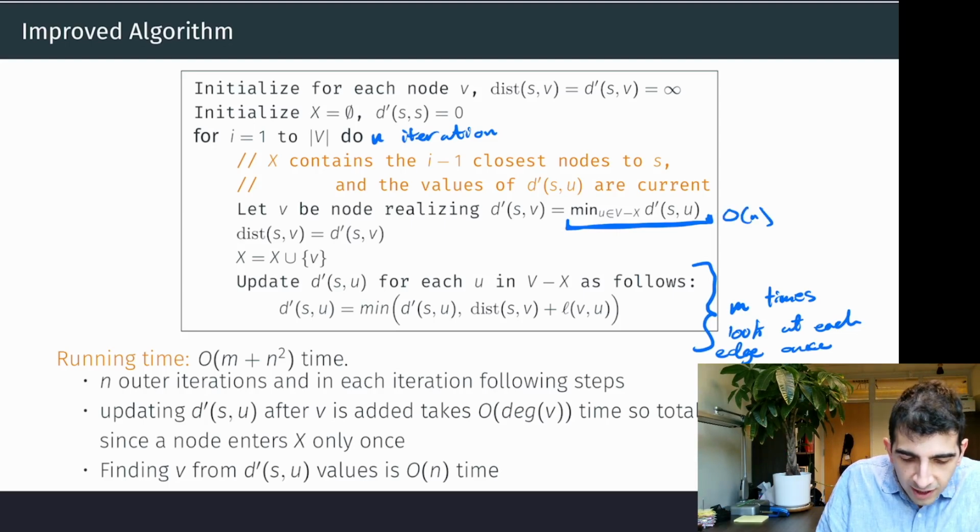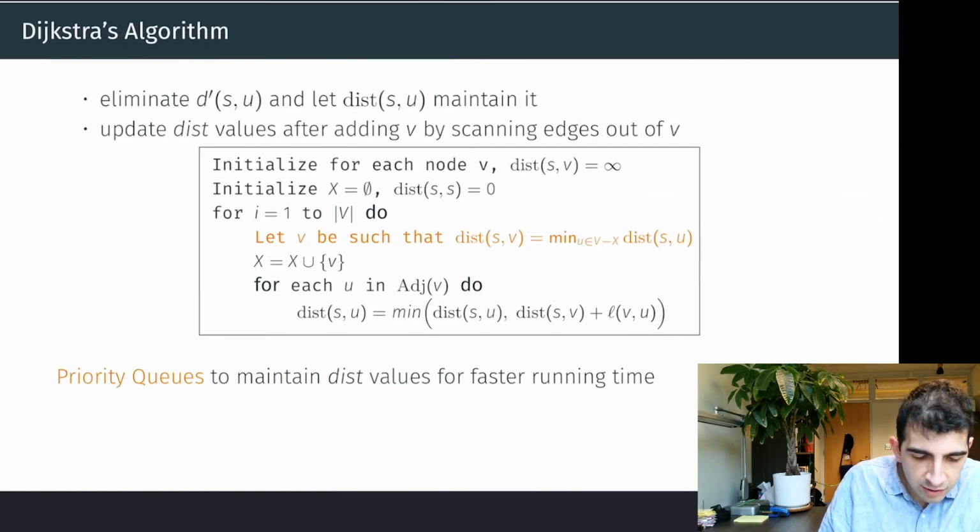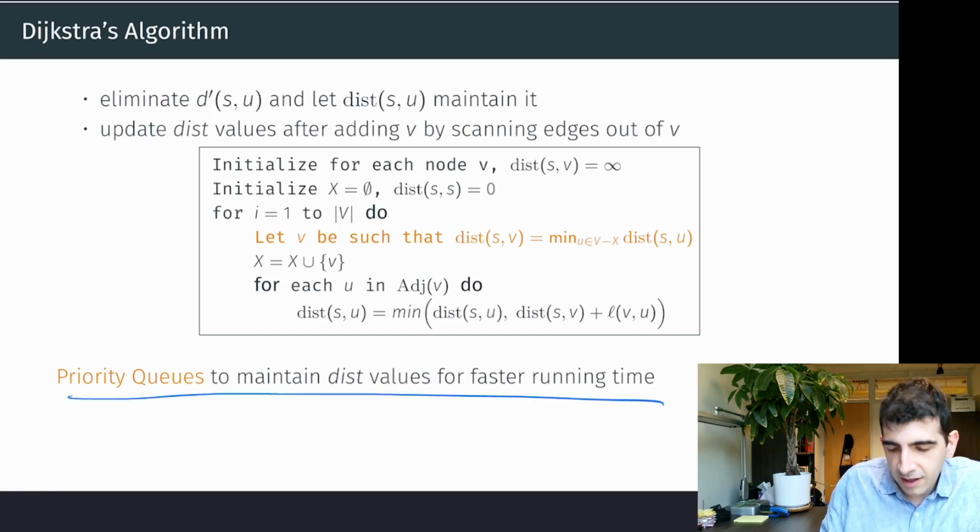So we've eliminated this mn term here. We've made it much faster, but we've still got this n squared term, which we need to address. And the lucky thing is that we can address it using advanced data structures, as we'll see in the next lecture part.